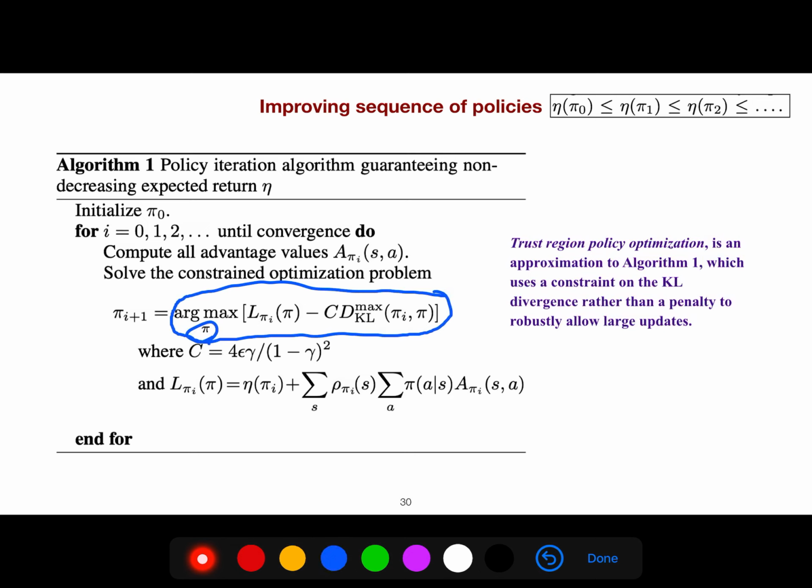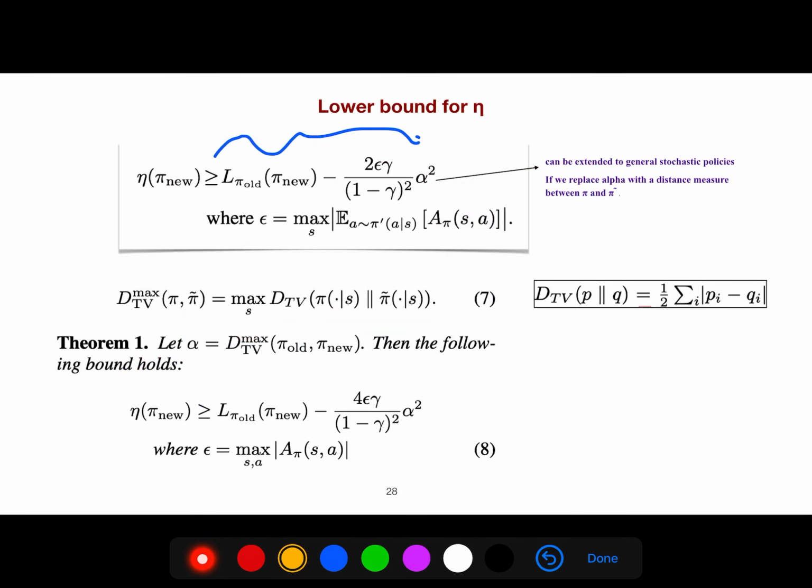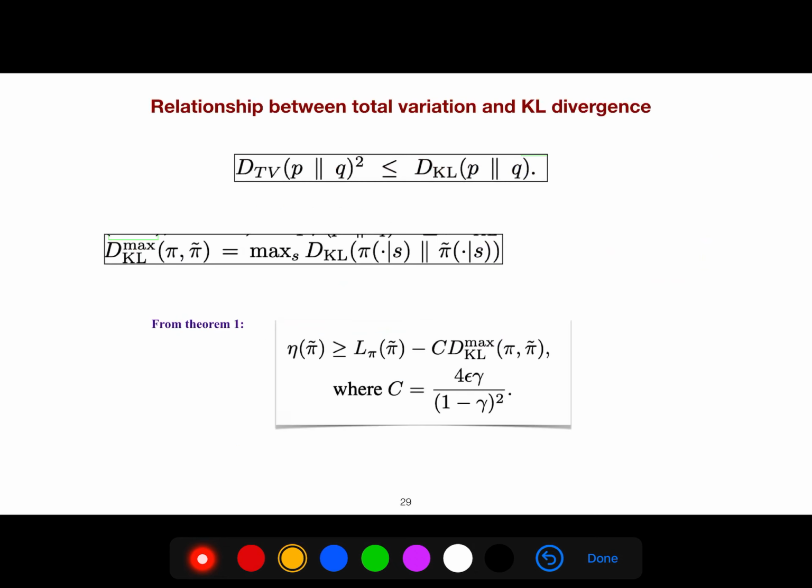But you never forget the previous policy, because I will talk about this KL divergence here. So what is the total variation? You can approximate total variation between two distributions by KL divergence.